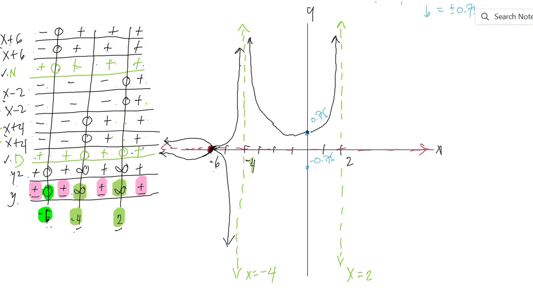So since this is symmetrical with respect to the horizontal axis, our graph below should look like our graph above the x-axis.